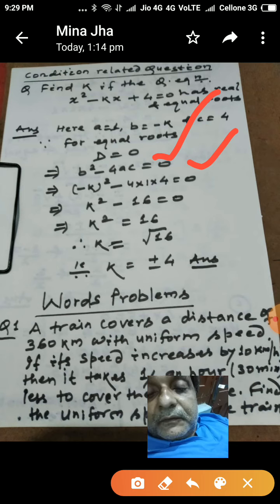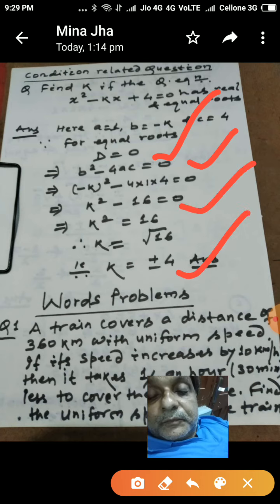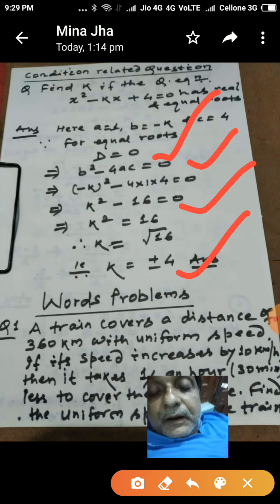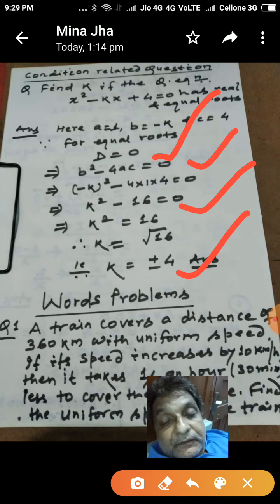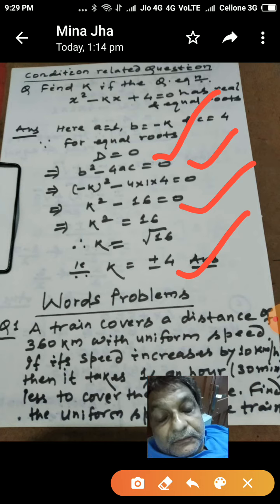Now putting these values, we get k square minus 16 equal to 0, and ultimately k is plus minus 4. So in this way we have got the value of k, and this is called a condition related question, where the condition is already mentioned in the question, and we have to find the unknown quantity, that is k or p, what is given in the equation.